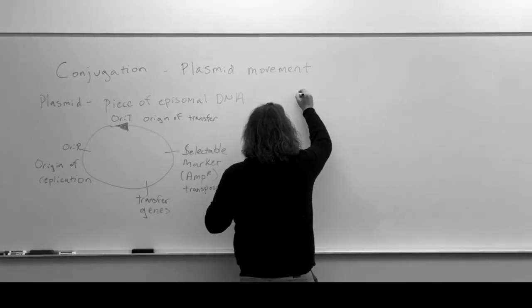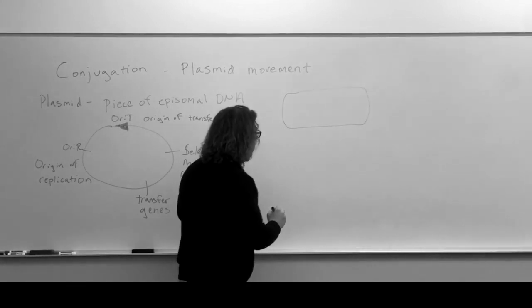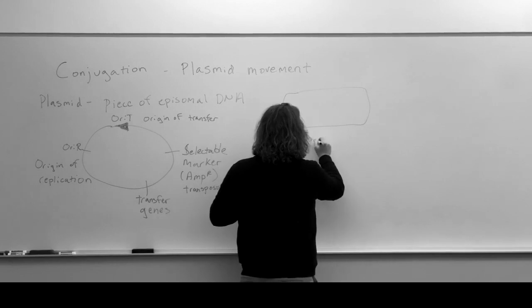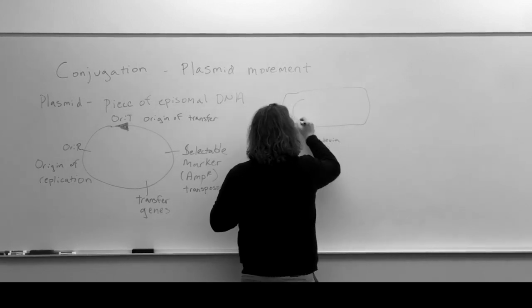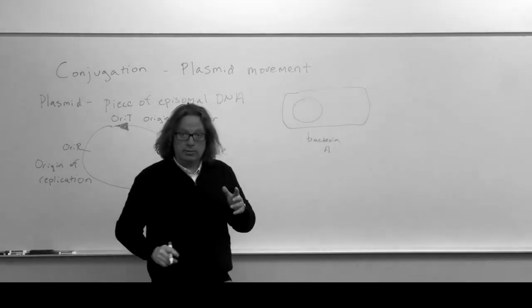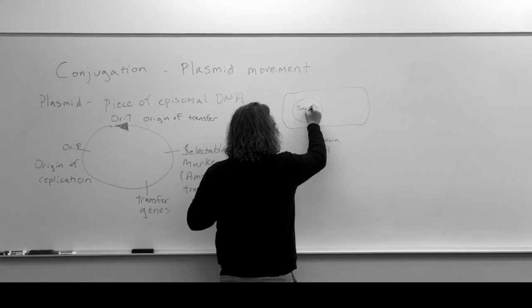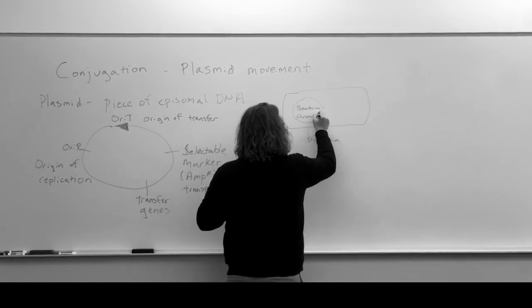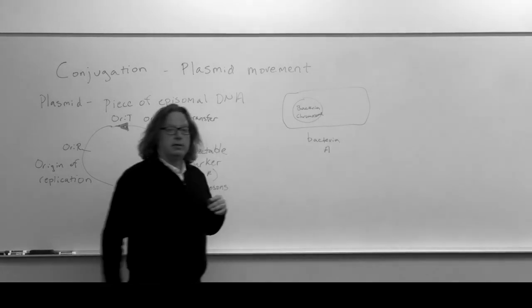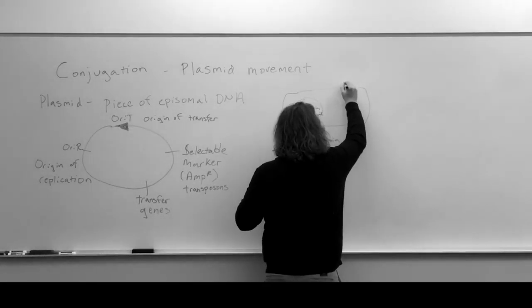Well, if we envision a bacterial cell, so this is bacteria A, that has a normal chromosome, this bacteria can also have a plasmid.